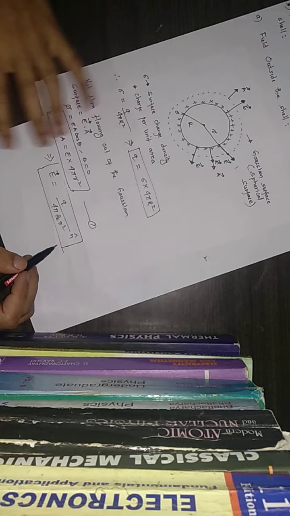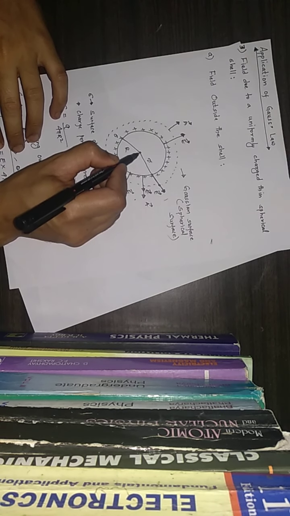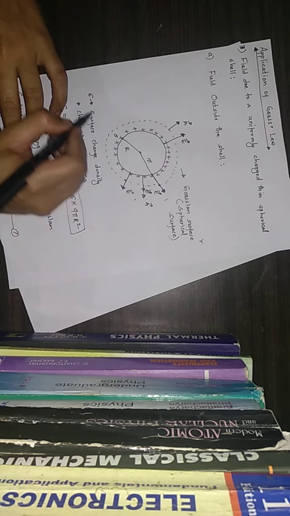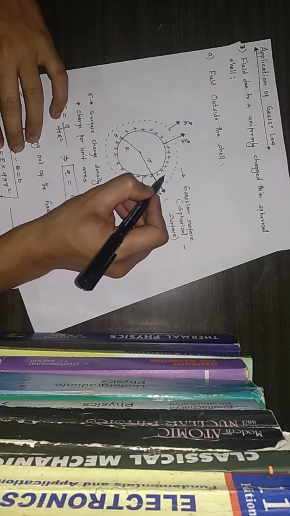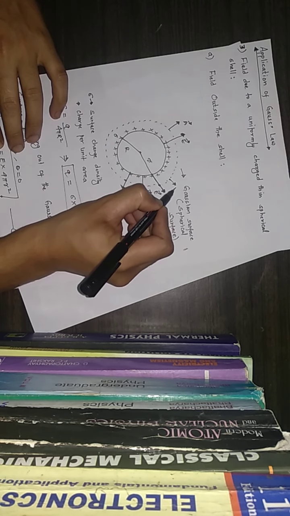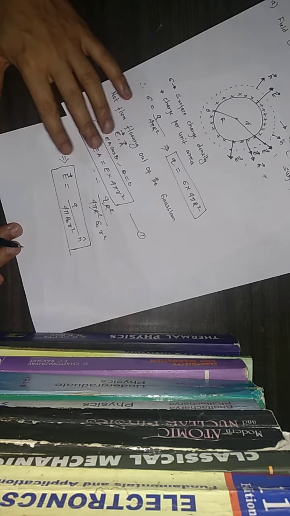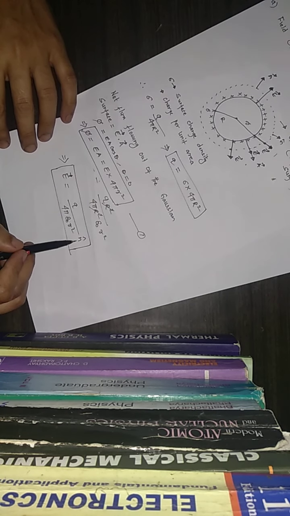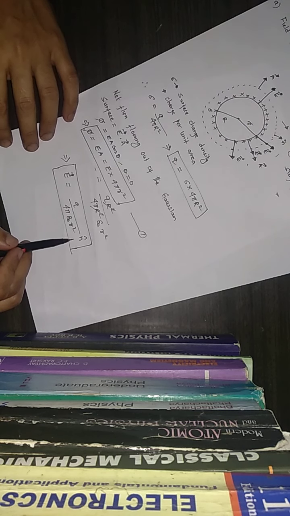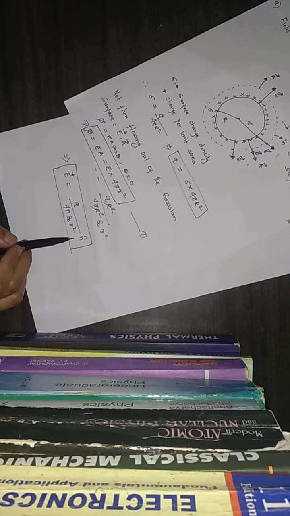So at every point outside the shell, the direction will be the outward normal at the surface. If this is the normal direction, then the electric field will be in the direction of the normal. That means the direction of the electric field can be simply given by this normal vector.